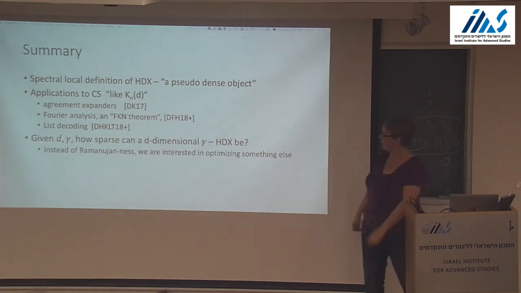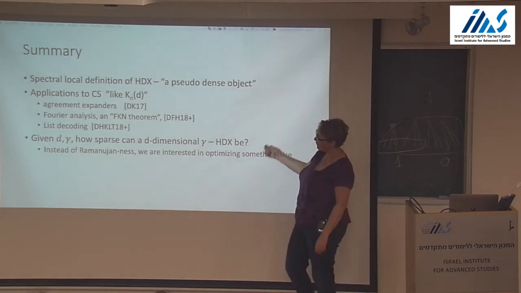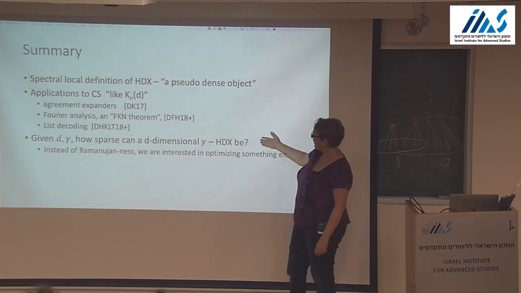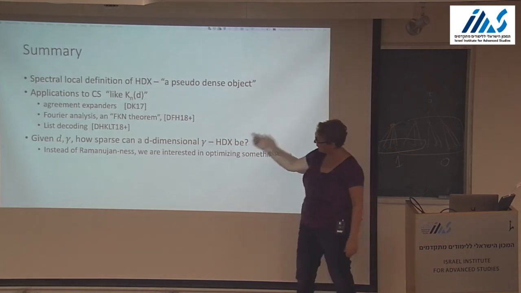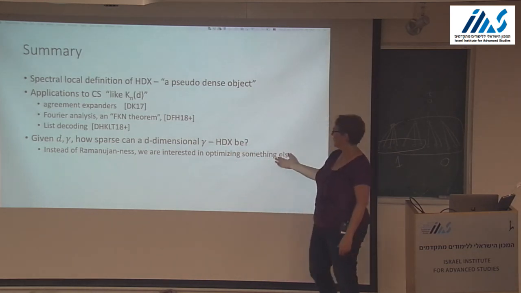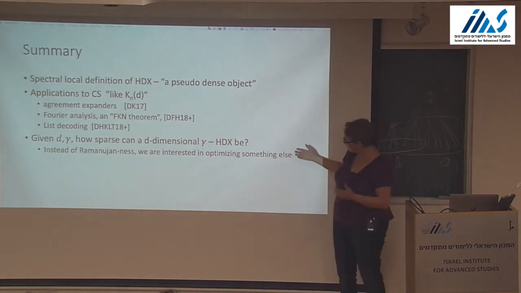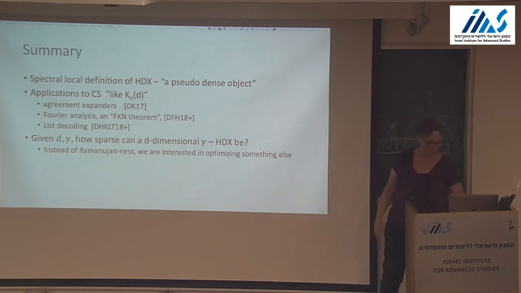And the question that this raises is: if you fix D, the dimension, and gamma, the bound on the spectrum, I want a gamma high-dimensional expander that's most efficient, that has the fewest number of faces. So now instead of trying to get it to be Ramanujan, we're optimizing something else. I'm sure that algebra can be very important for this, but I have no idea how to do it.